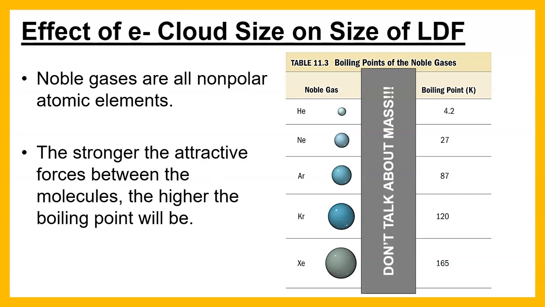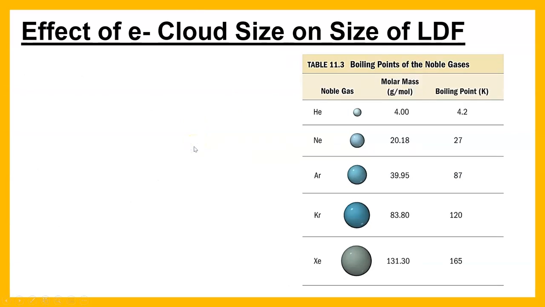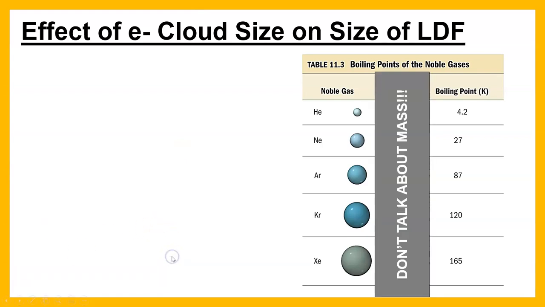This is about the size of the electron cloud, the volume of that electron cloud, and the polarizability of those electron clouds. Not about the mass. So now that picture is much better. So once more, let's fix our picture. There we go.